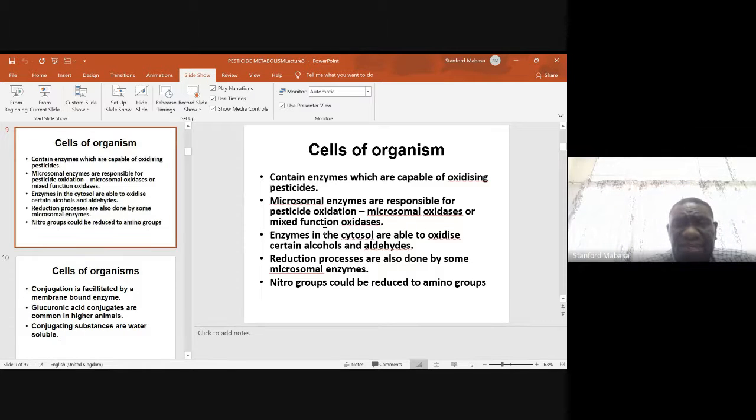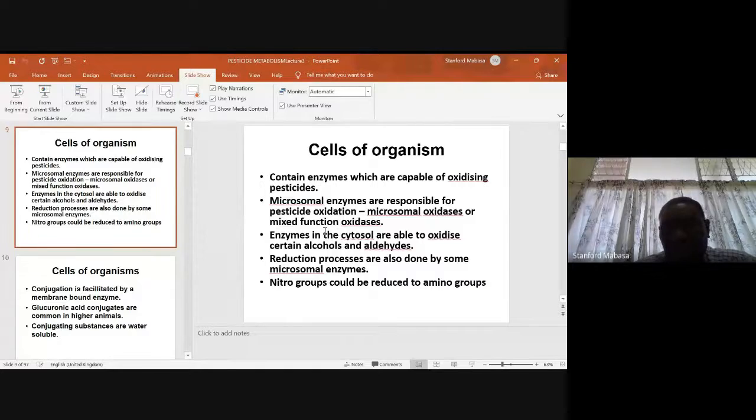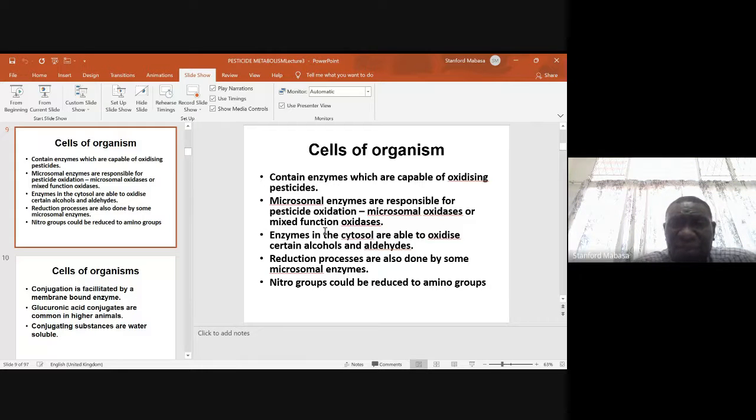Now, if we look at the cells of organisms, they contain enzymes such as the ones which we have mentioned. These enzymes are capable of oxidizing pesticides. For example, we have got microsomal enzymes that are responsible for pesticide oxidation, microsomal oxidases, or mixed function oxidases.